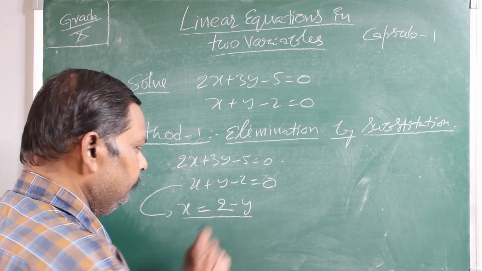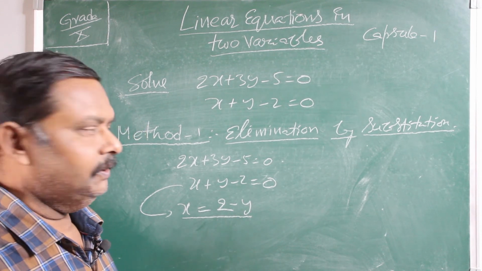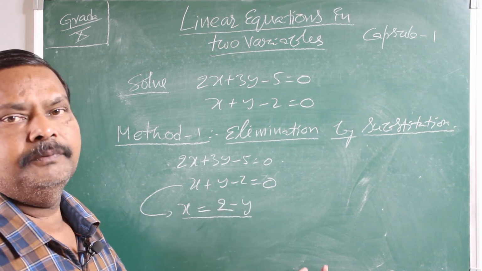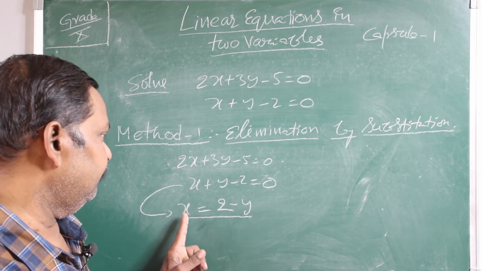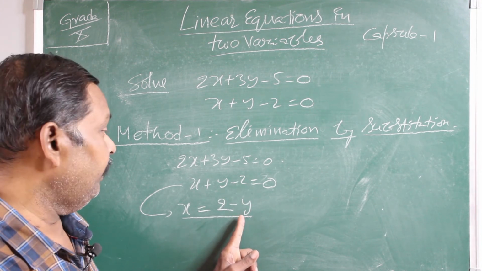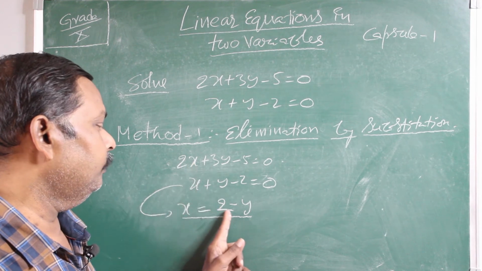So x = 2 - y. That means we got the value of one variable x in terms of second variable y. Now eliminate the value of x in the first equation by this substitution. So we have to eliminate the value of x. In the place of x we have to take 2 - y.